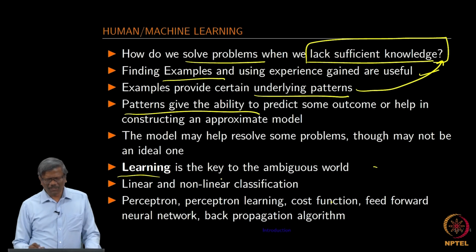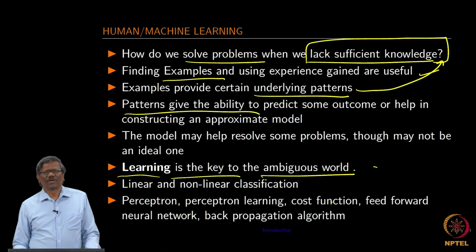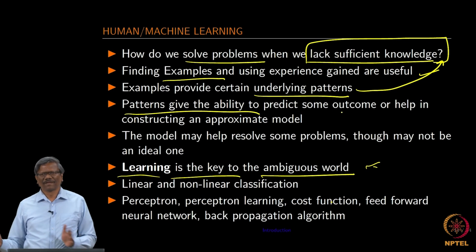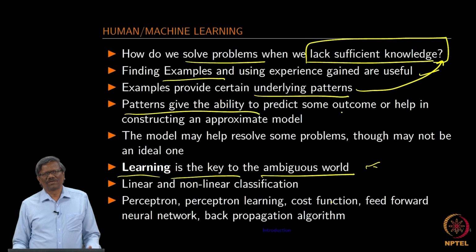Learning is one of the most important things to have in order to really work in the ambiguous world. So, keep learning from the examples. Every day is an experience, every day there is a new learning that comes into the picture. So, we keep changing the models; a model cannot stay static forever. The models keep changing on a regular basis, especially machine learned models, which you have to keep changing on a regular basis unless the data does not change.